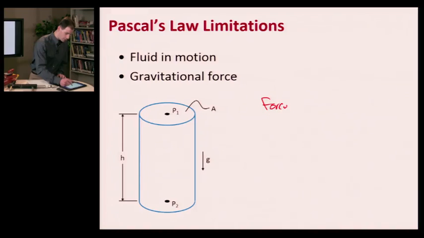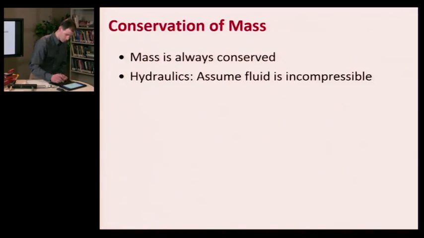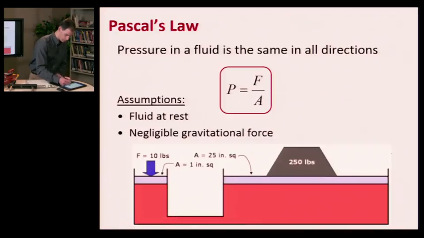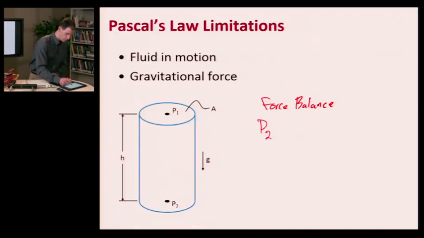So a force balance on this fluid: I'm going to say my forces going upwards would be P2 times the area. And then the forces coming down, I've got the pressure on the top of the cap, P1 times the area. And then I've got the gravitational force, which would be rho g h times the area.